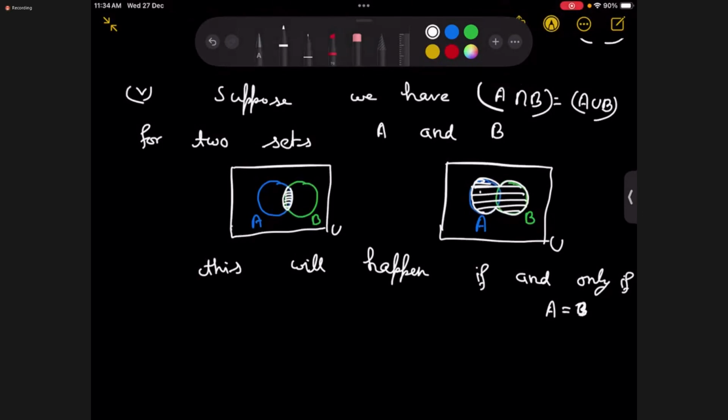That must be equal to A or B. And what about A union B? That is also equal to A or B. So both are the same. Now what about the reverse?